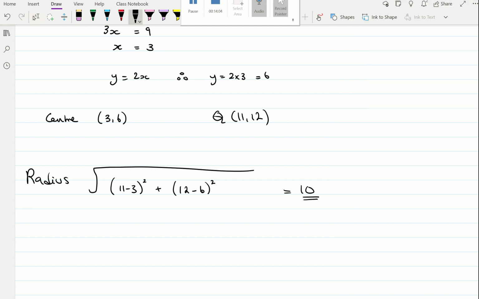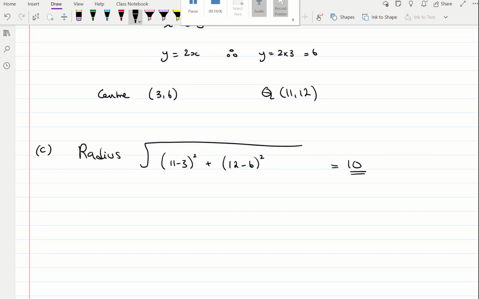So the radius is 10. Of course, I want the radius squared. So the equation of the circle is going to be (x minus 3) squared plus (y minus 6) squared equals 100.